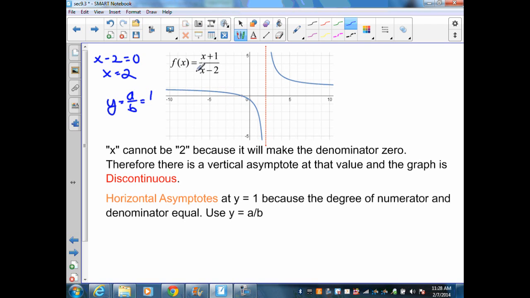The coefficient of the largest degree term in the denominator is 1. Therefore, y equals 1. And as I've stated here, there is a horizontal asymptote at y equals 1 because the degree of the numerator and degree of the denominator are equal. Then we use y equals a over b. And when I simplify, that's y equals 1 over 1, which is 1. So I have an asymptote at y equal to 1.